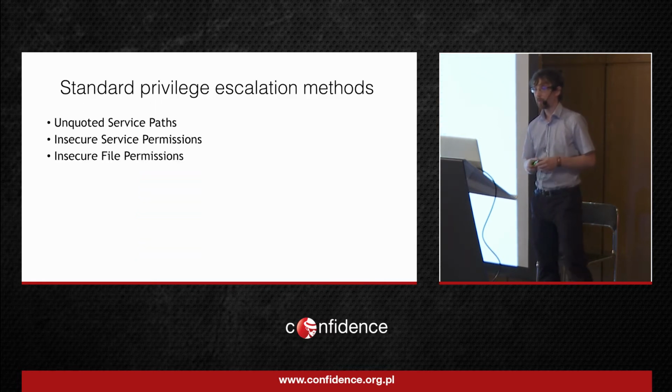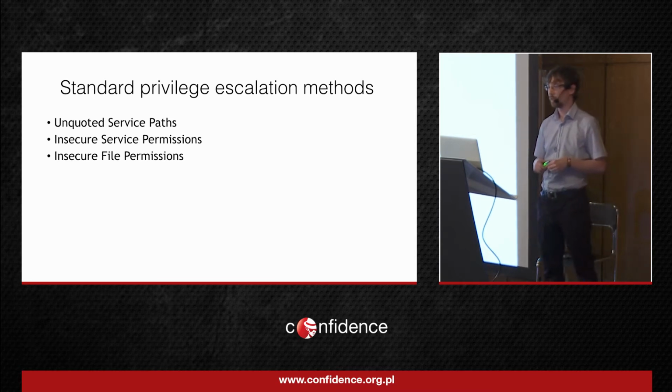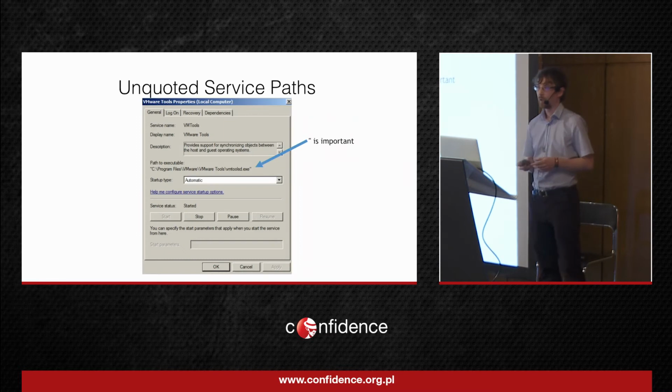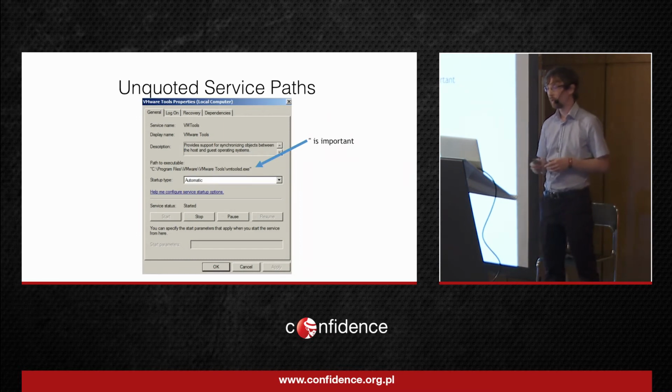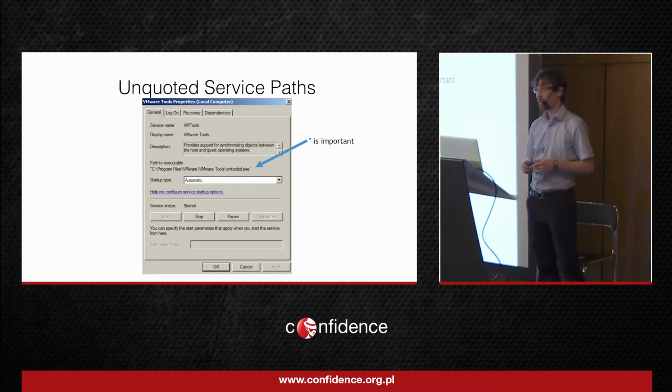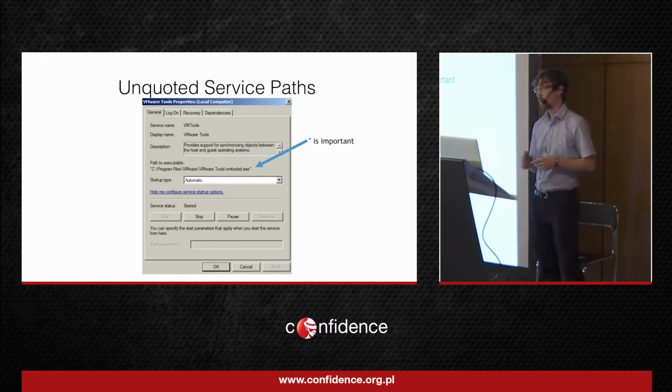When you are doing pen tests, there are a few standard methods of privilege escalation. First one: when you check service details using this graphical interface, you see something called path to executable. And that's the path that will be executed when the service is started. And here, this path is encoded using double quotes on both sides.